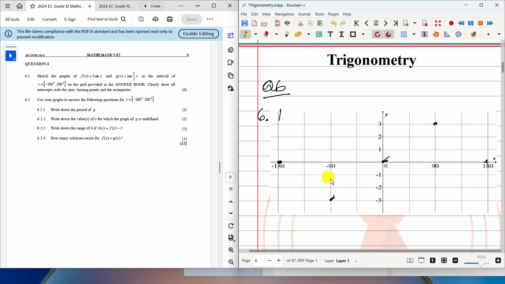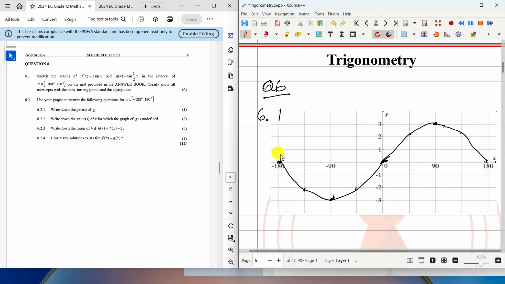It'll be at 2.1. Then 3 here. The other one must also be 2.1. I think this is it. Yeah, this is it.